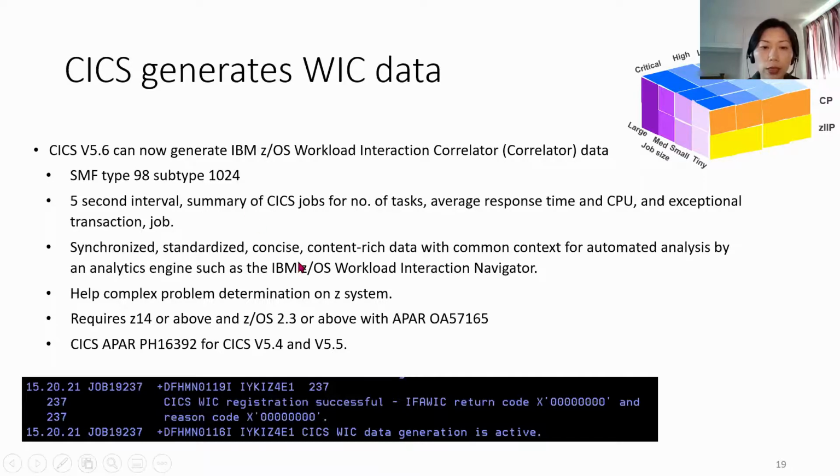Those data can be analyzed by an analytics engine, for example, the IBM z/OS Workload Interaction Navigator, to correlate what happens in z/OS and what happens in CICS and maybe in IMS, to find correlated highs and peaks through the time the SMF is being collected.